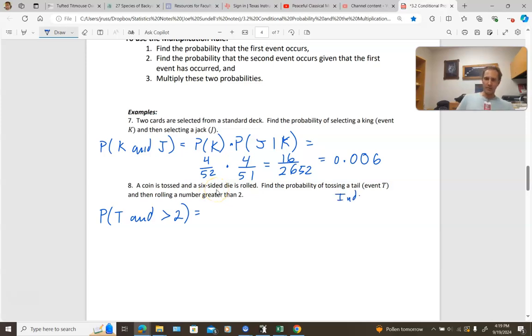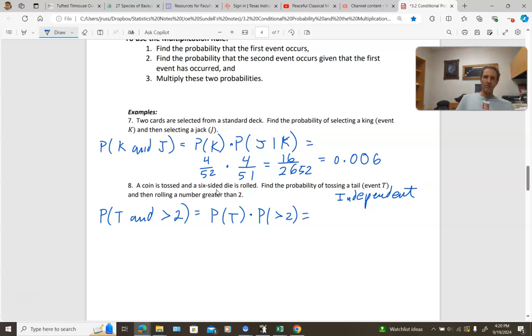I'm going to put this in the notes. So because of that, guys, this will simplify down to the probability of T times the probability that you roll a number greater than 2. Okay, so this second probability is not conditional because these two events are not dependent, they're independent.